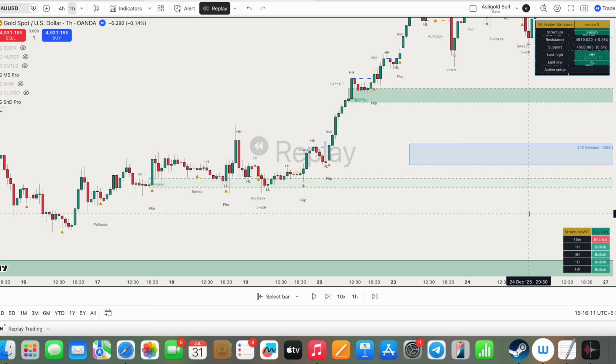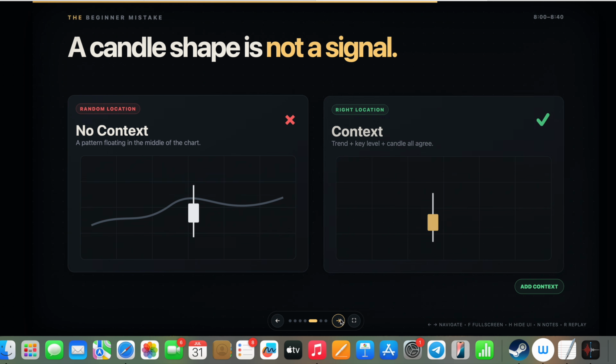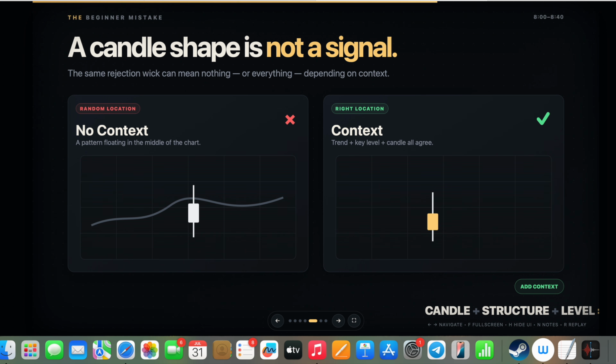Now, here's the mistake I see constantly. Beginners try to memorize candlestick patterns like a dictionary. This shape means buy, this shape means sell, without ever looking at the context around it. A rejection wick at the bottom in the middle of the chart means almost nothing. The exact same wick at a key level in the direction of the trend, completely different story.